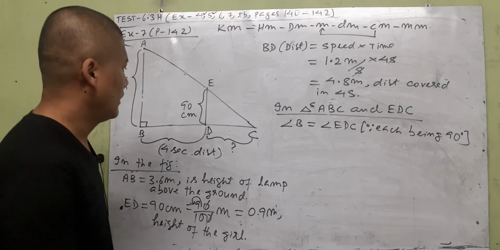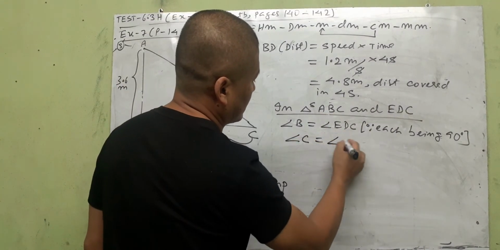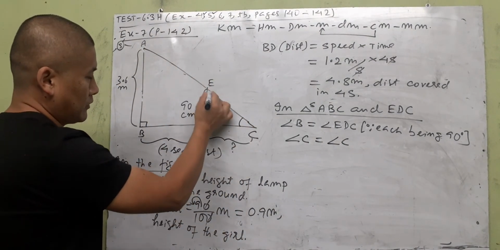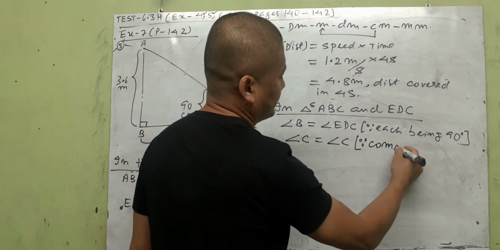So that is it. Then angle C inside this triangle, third letter, here also angle C, because C is the angle of this big triangle and also this one. So they are equal because they are common angles.